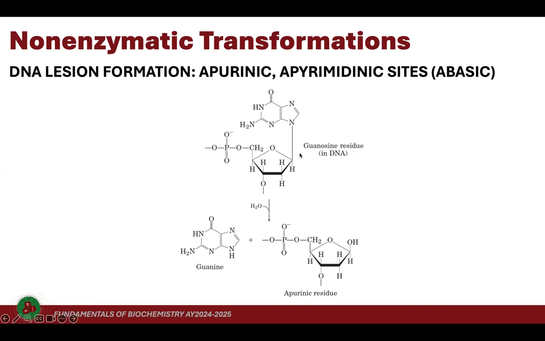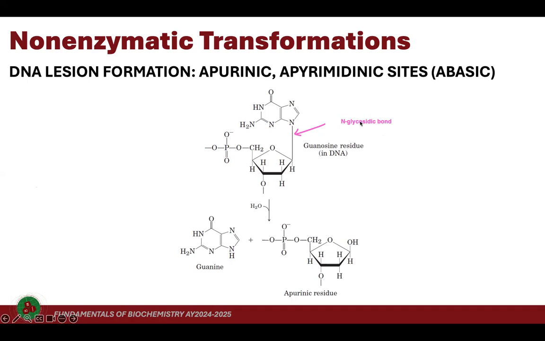So for example, your guanosine residue in a DNA molecule can be transformed spontaneously, and this requires water. The process is a hydrolysis reaction, which cleaves this glycosidic bond. To be more specific, this is an N glycosidic bond.